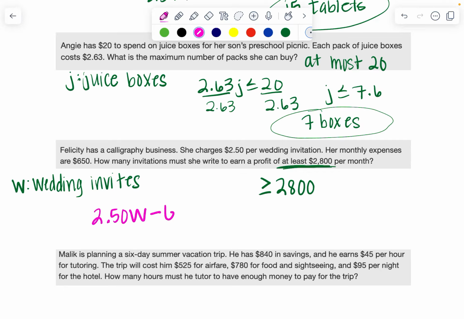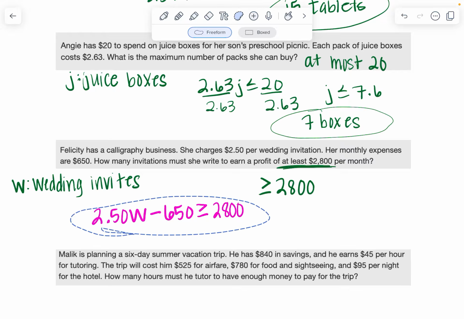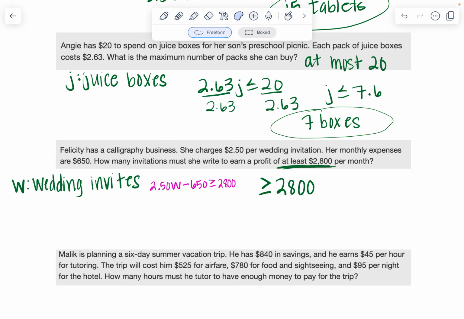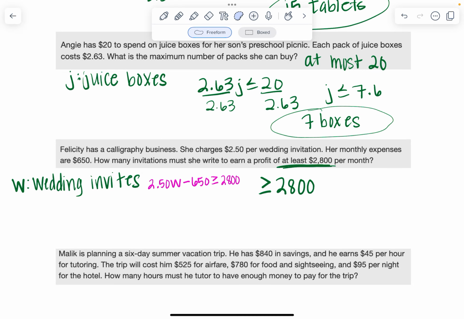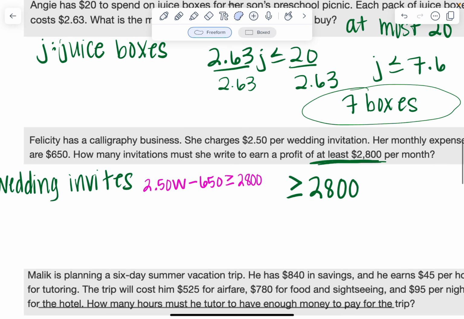But we have to take away the fact that she already spends $650 on expenses, and she wants to make at least $2,800. So solving this, we'll add $650.